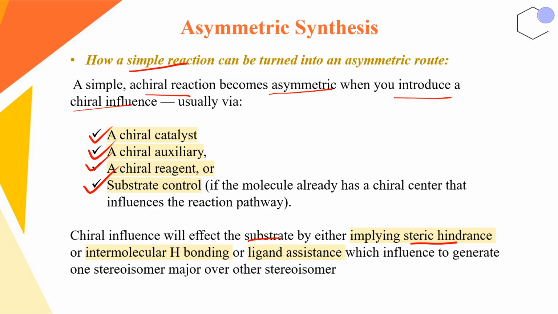Or another thing is that when a chiral catalyst is used, it can generate intermolecular hydrogen bonding during the transition state, which influences the formation of one enantiomer over another enantiomer.